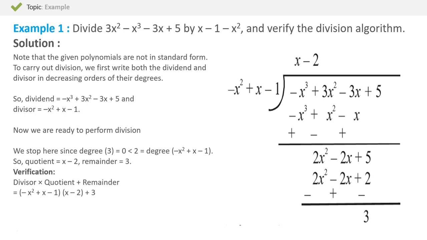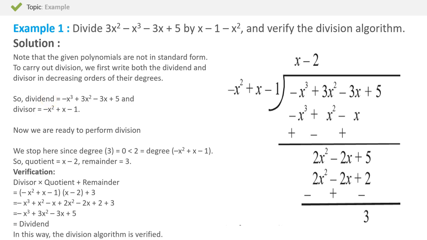Divisor times quotient plus remainder gives minus x squared plus x minus 1 multiplied by x minus 2, plus 3. When you simplify this, you get minus x cubed plus 3x squared minus 3x plus 5, which is nothing but your dividend, and hence verified.